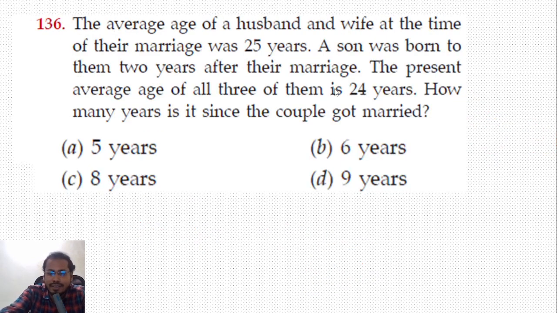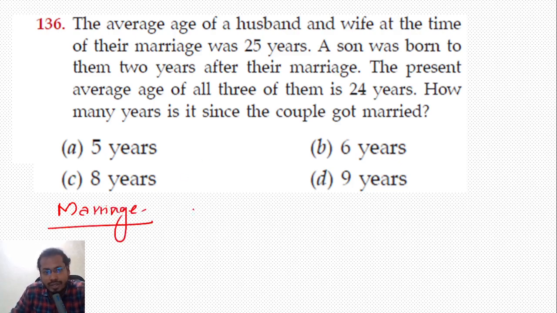Clear? Next, the average age of husband and wife at the time of their marriage was 25 years. So at the time of marriage, it is 25 for husband and wife, 2 persons inside. So 25 into 2 is 50. This is at the time of marriage. A son was born to them 2 years after their marriage.